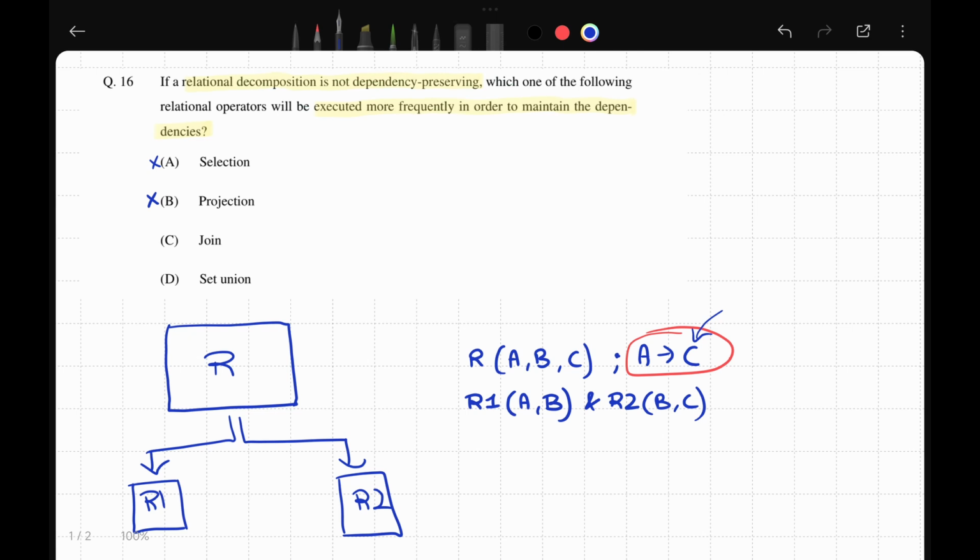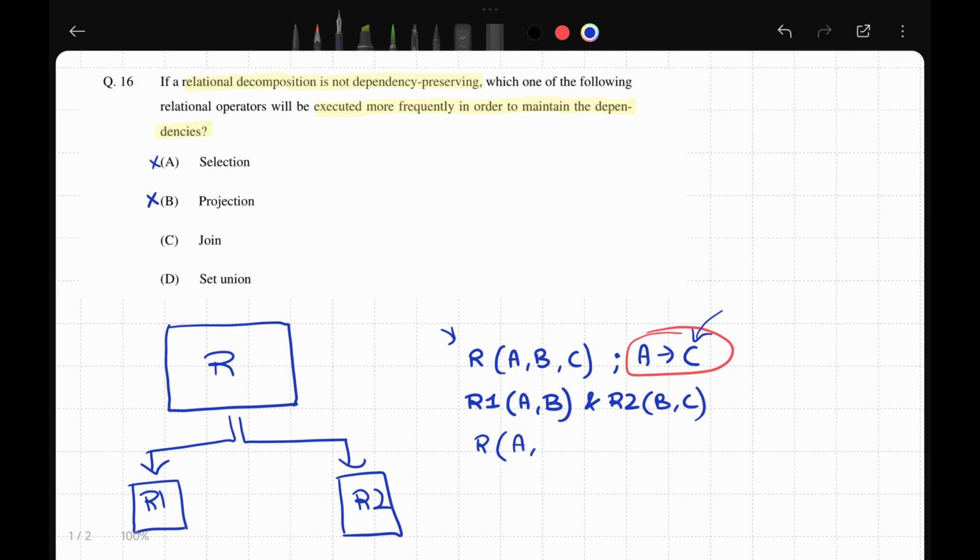C is join. So consider this example, right? So we have R1 and R2, and we want to preserve this A gives C dependency. Now if we join R1 and R2 based on, say, natural join, right? We get the original relation back, right?